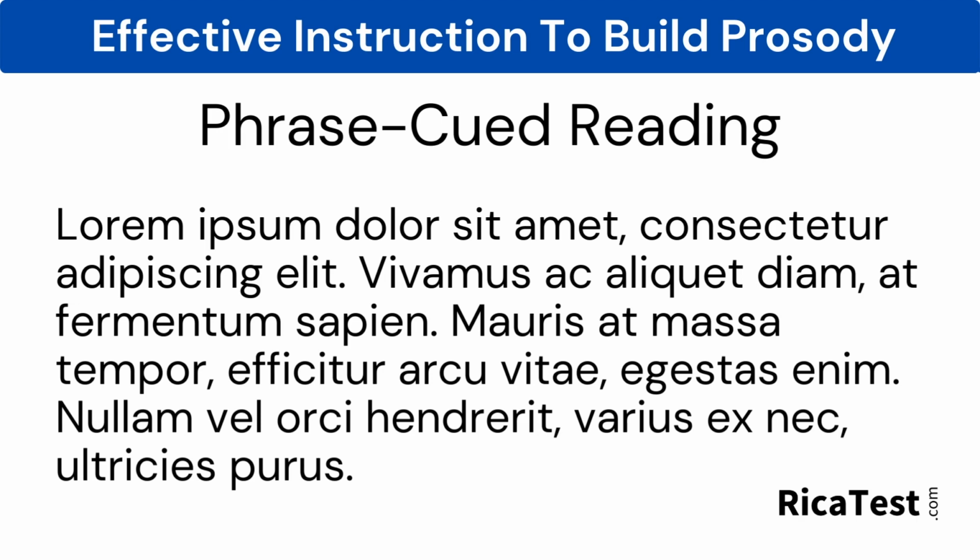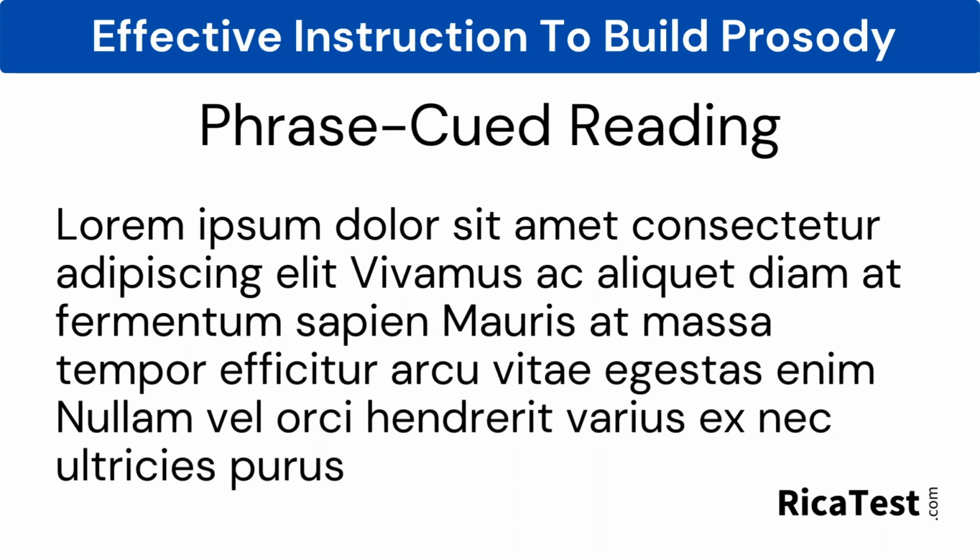Now I'm using just a sample, but as you can see, it's sort of like one paragraph in length. The teacher here would ideally retype the text in order to exclude punctuation, specifically focusing on commas and periods. Now, as you can see with this sample text, we have periods and commas, but we don't want them. So let's get rid of them. Now we have the paragraph with no commas, no punctuation.